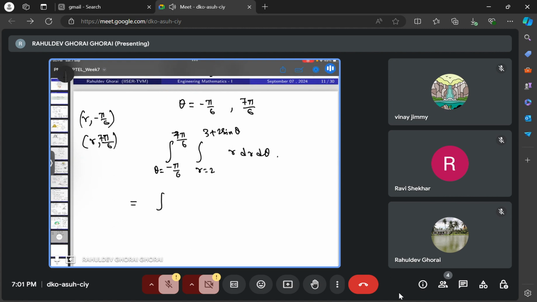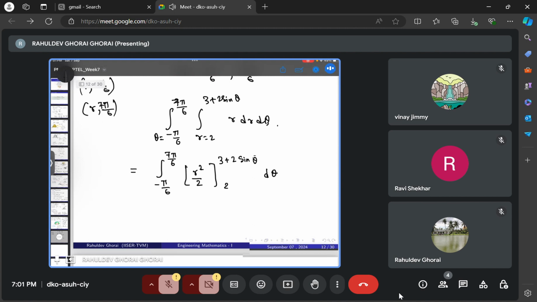So if you have theta equal to minus pi over 6 to 7 pi over 6, then it will be r squared over 2, from 2 to 3 plus 2 sine theta, times d theta, because dr we have already taken and did the integration, and whatever value you get, that will be the thing.